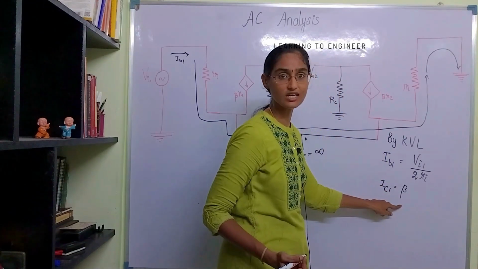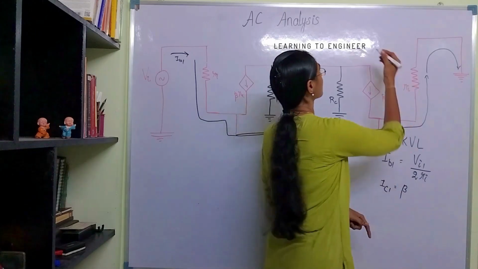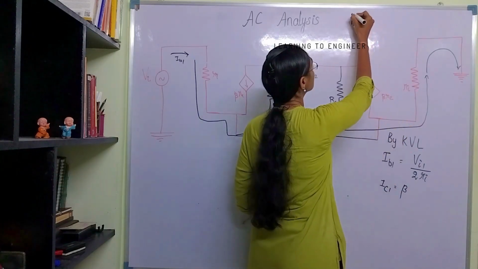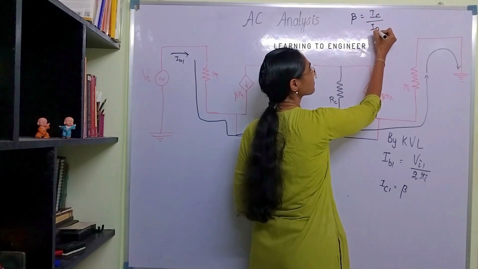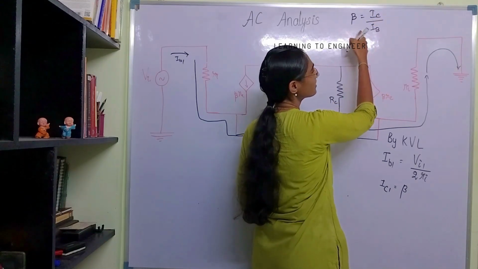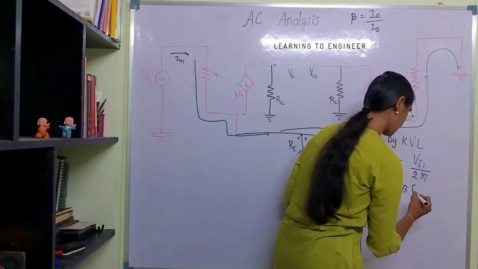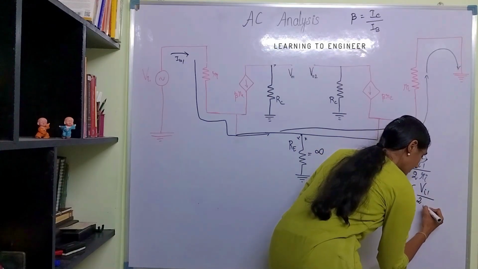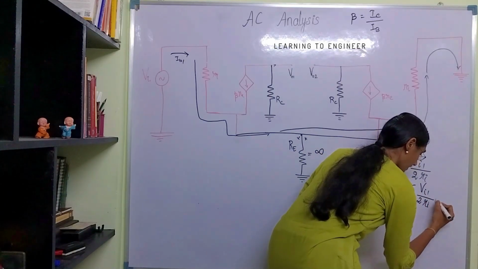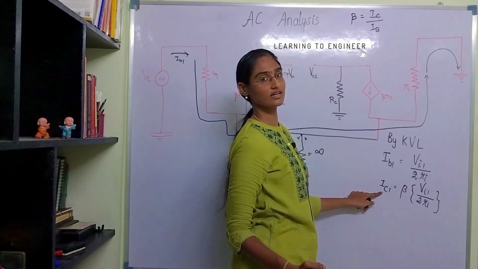Beta is the current gain, which is IC divided by IB. So what is IC? Beta into IB. So IC1 is equal to beta into IB. What is IB? This, VI1 divided by 2Ri. Okay, so this is the value of the collector current.